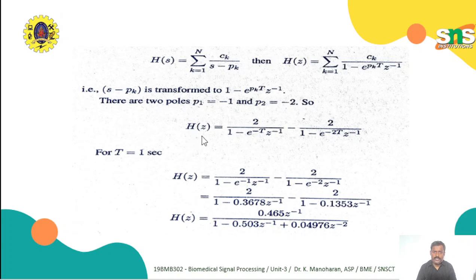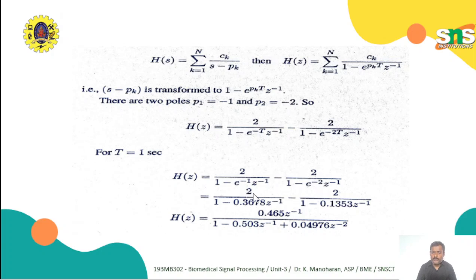So I am substituting: H(z) equals 2 divided by 1 minus e power minus T into z power minus 1, minus 2 divided by 1 minus e power minus 2T into z power minus 1. T equal to 1 we can substitute. So you get 1 minus e power minus 1 z power minus 1, minus 2 divided by 1 minus e power minus 2 z power minus 1. Just substitute the calculator values.